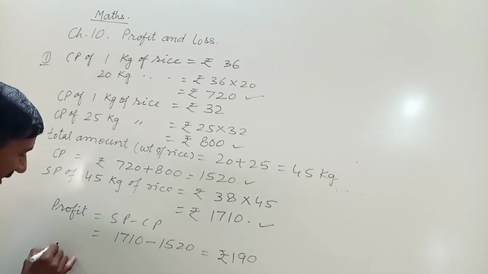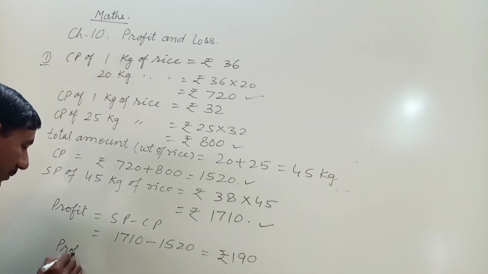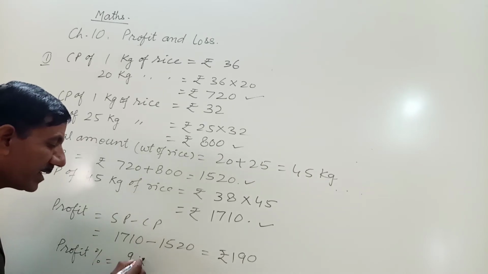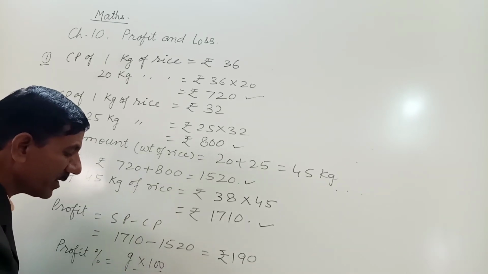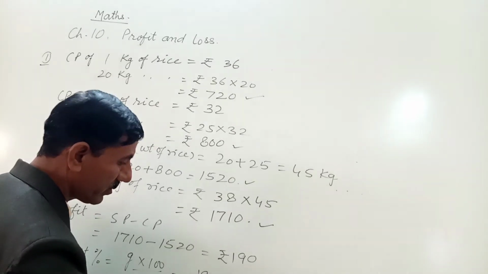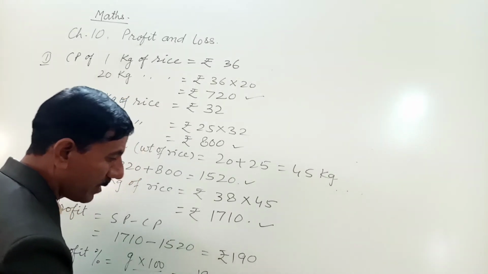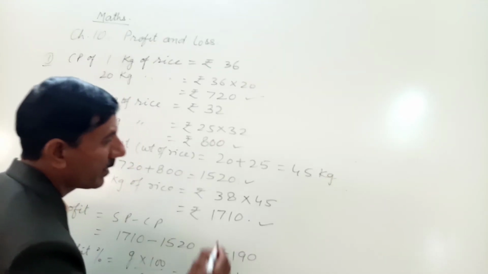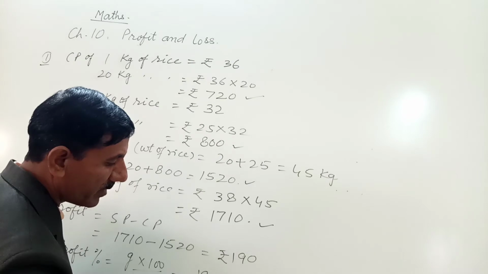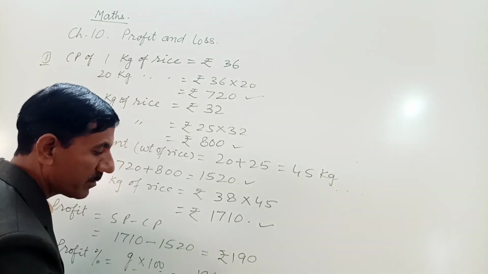Now, what is the profit percent? Profit percent is equal to profit into 100 upon CP. Profit is 190 into 100 upon CP, CP is 1520 rupees.